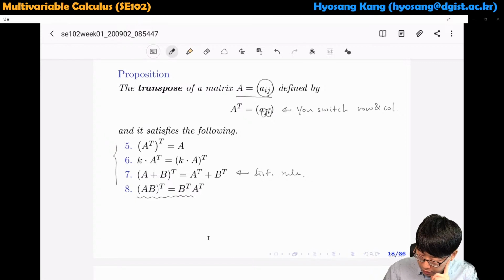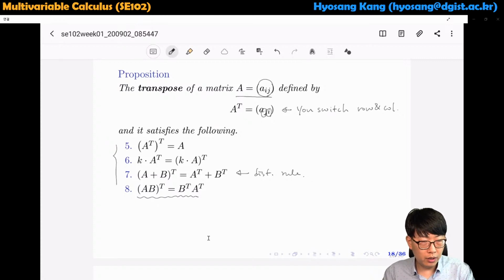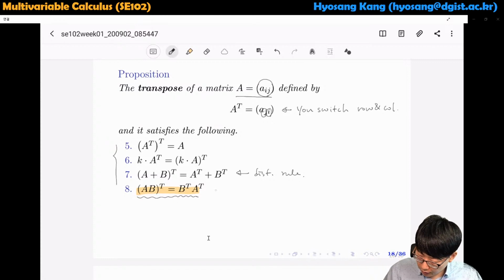So if you have a matrix multiplication of two matrices A and B, and you want to take the transpose of that matrix multiplication, then you can separate out your transpose, but the order of multiplication changes. This is important because in matrix multiplication you cannot switch the order of multiplication.